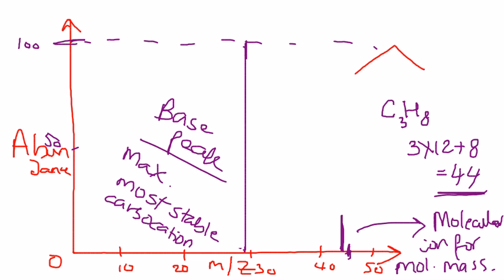And so this is the maximum abundance. The base peak is the one that you get as a result of the maximum abundance that you have. So it's the most stable carbocation, and it may or may not be your molecular ion.